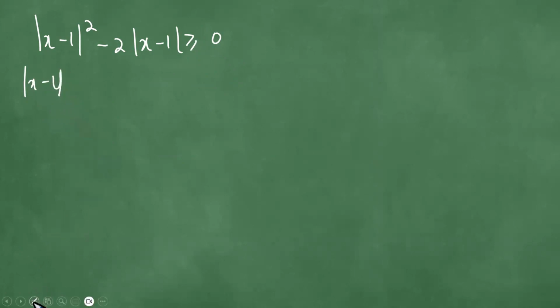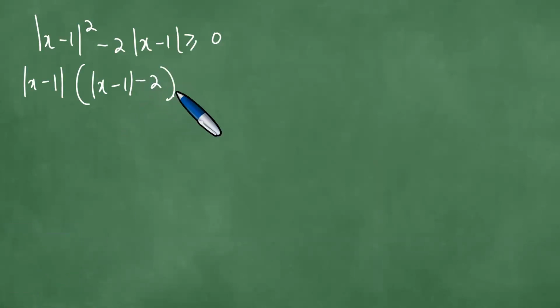If we do factor it out, what do we achieve? We would have the modulus of x minus 1, times the bracket modulus of x minus 1 minus 2, like so.